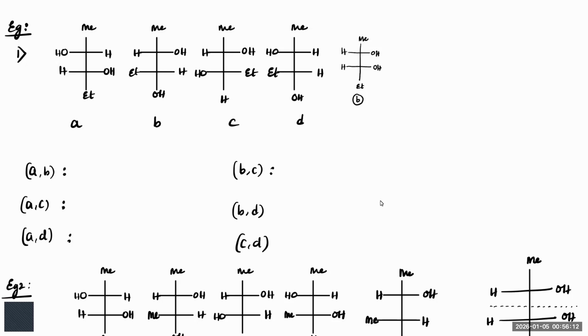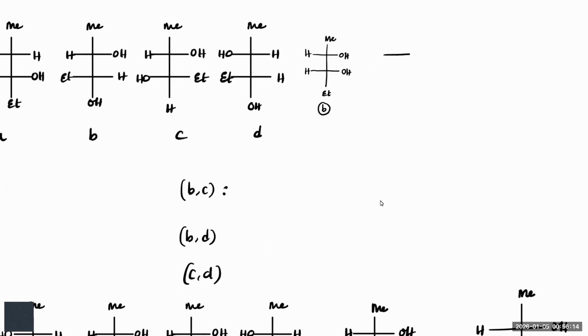Similarly, let me work out C also. When it comes to C, the methyl is already in its right position. H, OH, I need to bring the ethyl down. So ethyl here, and again OH on the right, H on the left. This is what we need to perform.